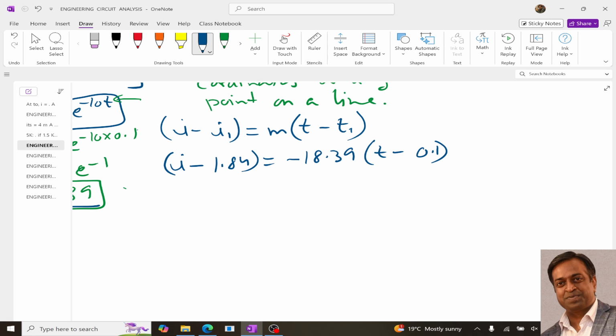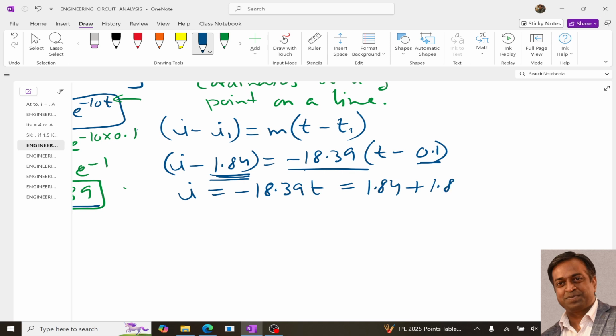what will we get? I equals minus 18.39 t, and then taking this 1.84 on the right side, we will get 1.84 plus 1.839, right?